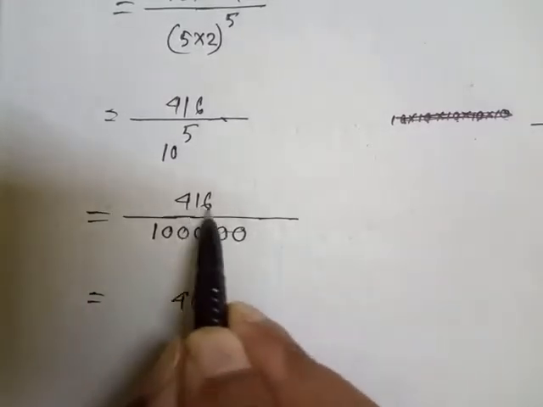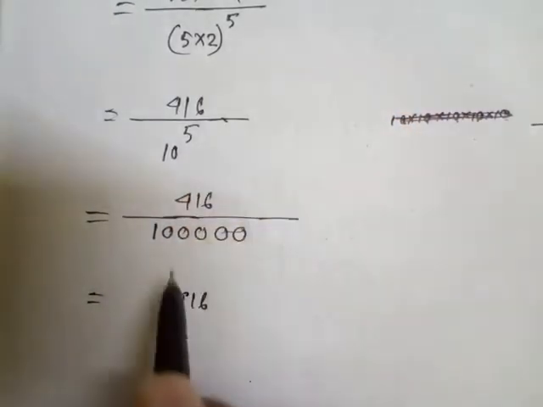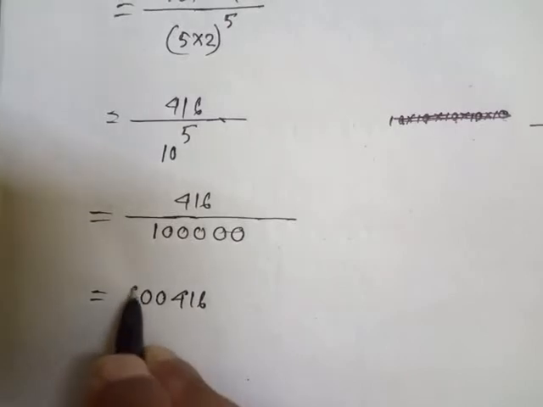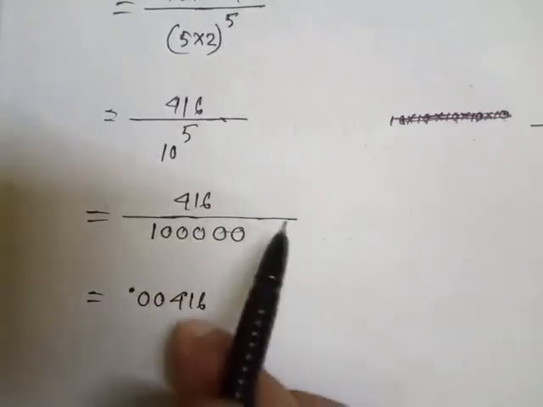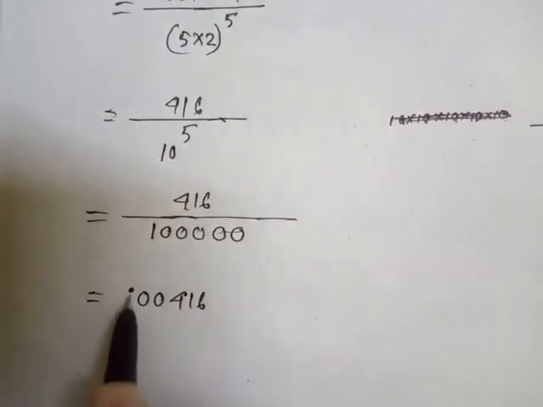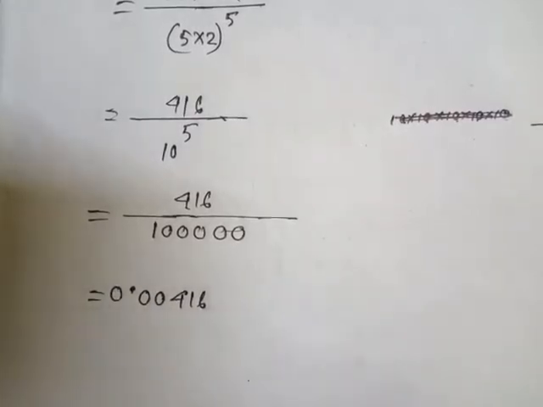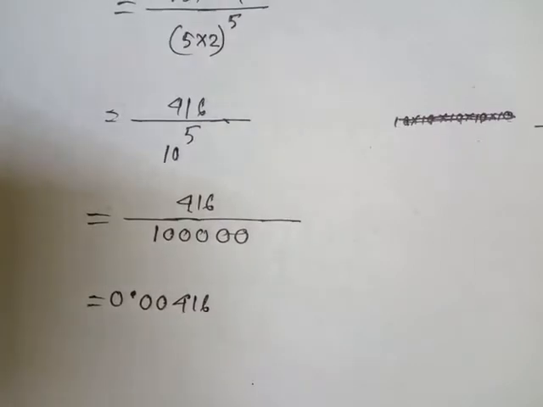Now look, 416 is 3 digits. The remaining part would be 2 digits only, so 0 and 0, and then the decimal point. Since it starts with the decimal point, we'll write 0 before it. This is the decimal expansion of question number 2, Roman 1.